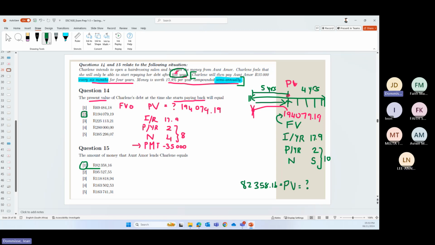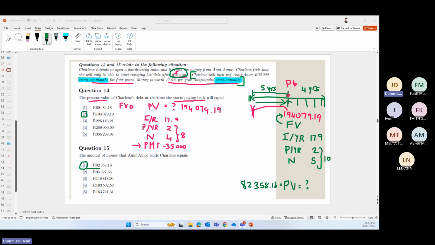That present value we work out through the information that was given here, where I said how much they will pay back, what interest rate, how many years, how many times a year. So we've got in question 14 our present value, and then we will change that present value in question 15 as what we will use for our future value, and then work back to get our present value for the 5 years.